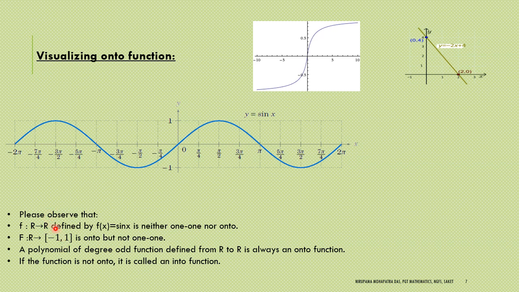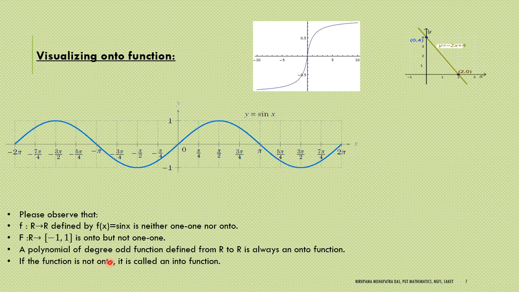But in either case you are not getting a 1-1 function. But if we restrict the domain, maybe to -π/2 to π/2, then you will get a 1-1 function. Otherwise in general it is not 1-1.